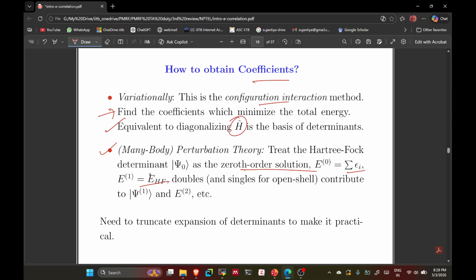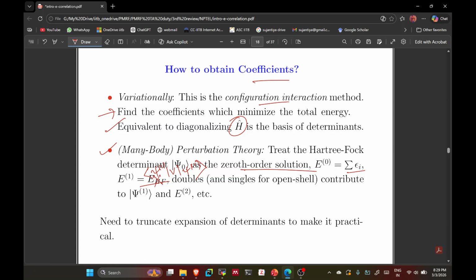So E1 is not E Hartree-Fock. When the many-body perturbation theory starts, you will get this, which is basically your first order times the V and first order. So let's not worry about this. It will be taught in this course. When you take E0 and E1, that gives you Hartree-Fock. That's why you go to the second order at least. Then there you'll see the many-body perturbation theory, second order, and all that.